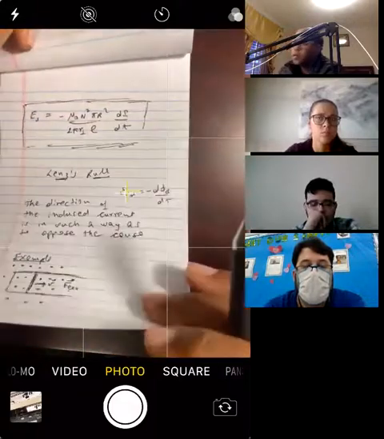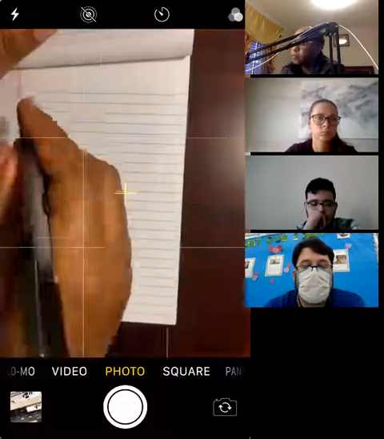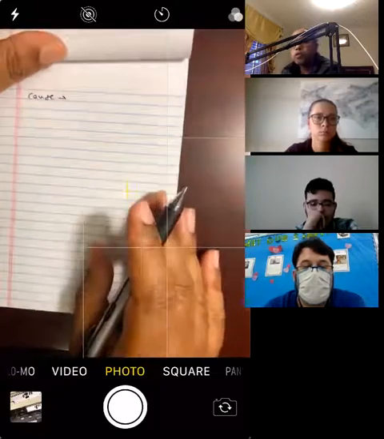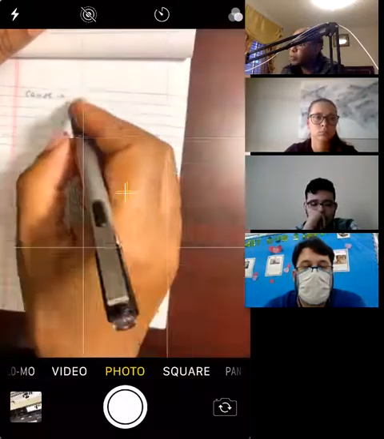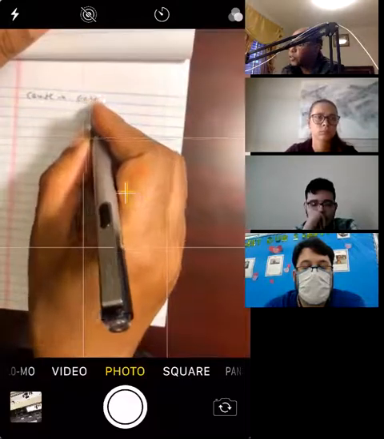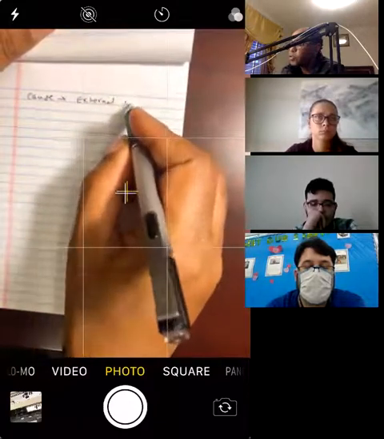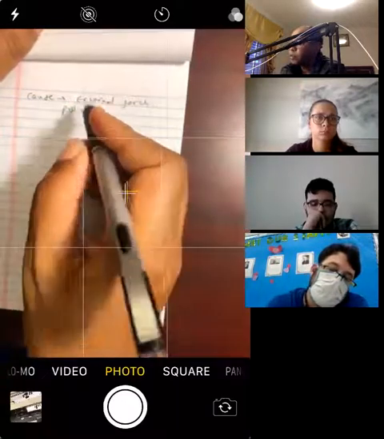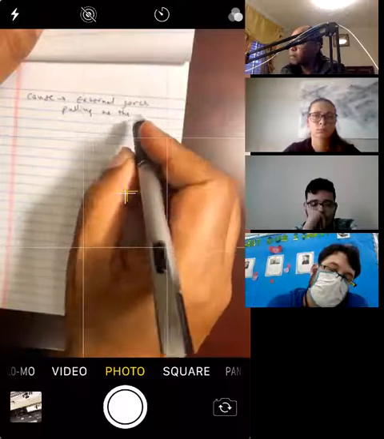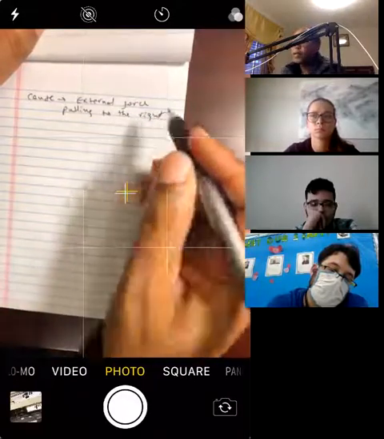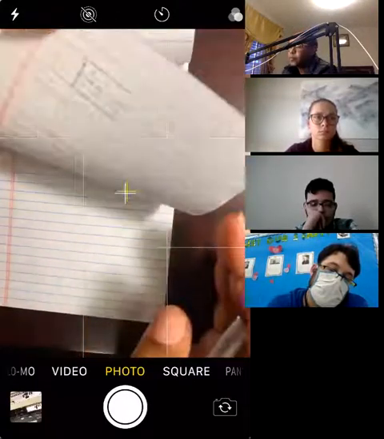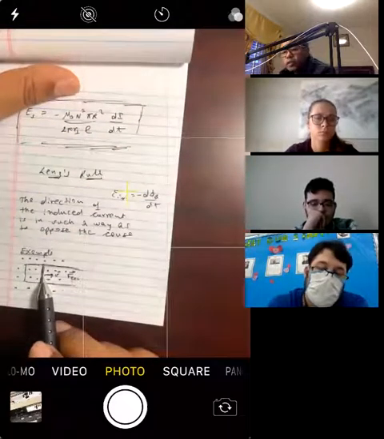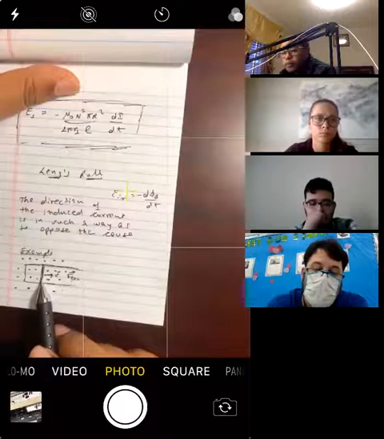So the cause is the external force pulling to the right. Now this rod has an induced current in it, and it's placed in the magnetic field.